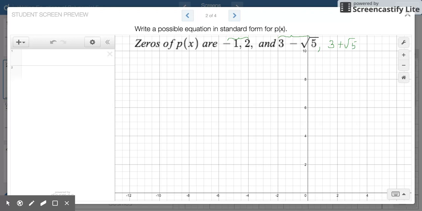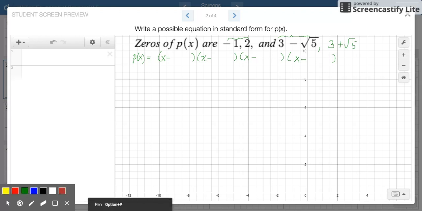So now that we have all the zeros, we can write p of x in factored form. Let's start with p of x is equal to x minus, x minus, x minus, and I'll put the zeros later. All right, now I'm going to put the zeros.